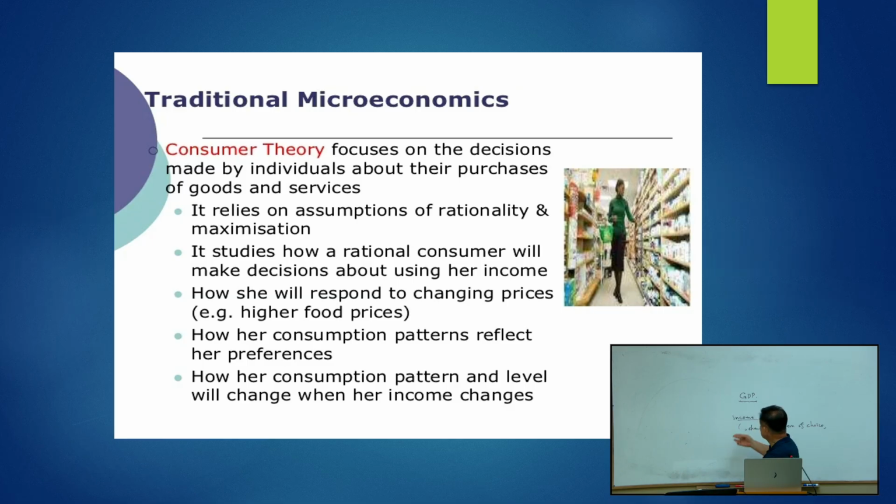If you win the lotto and have more money in your pocket, then you want to buy your own car, a Rolls Royce or Bentley or something. Because this is a change in patterns based on income change.